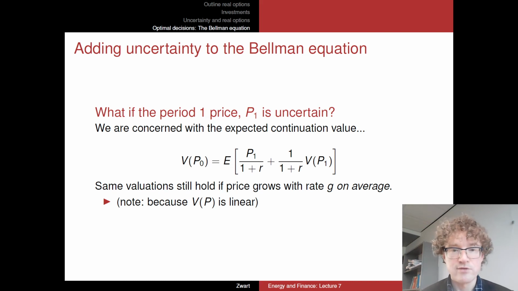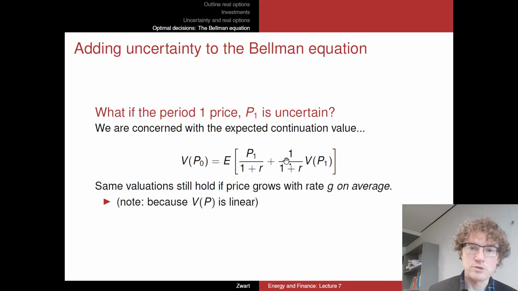Well, today's value, V at P equals 0, is going to be the expectation of the discounted value for tomorrow. So the expectation of tomorrow's price, P1, discounted by 1 plus R, and the expectation of the continuation value that we will have tomorrow, again discounted by 1 plus R. So if we're working with uncertain prices, we have to add here the expectation of what we see tomorrow.